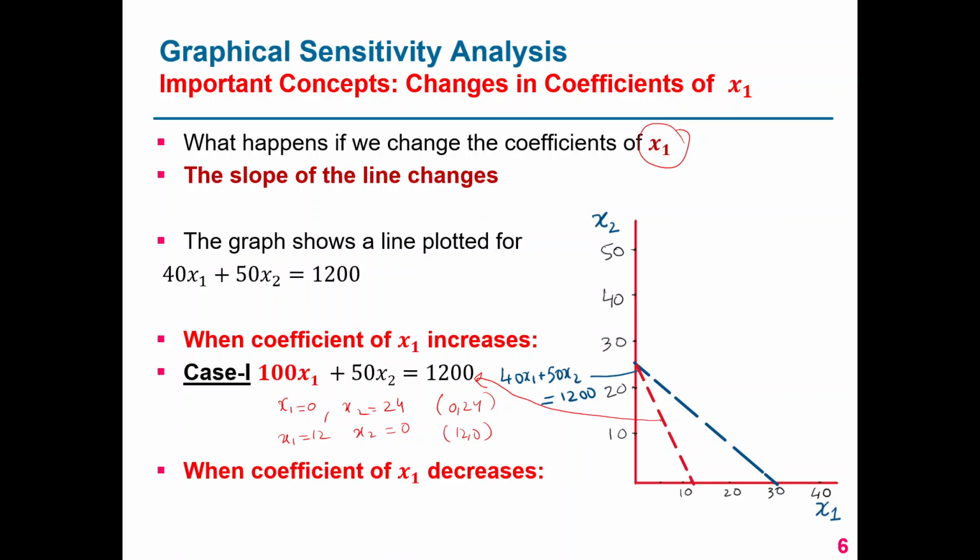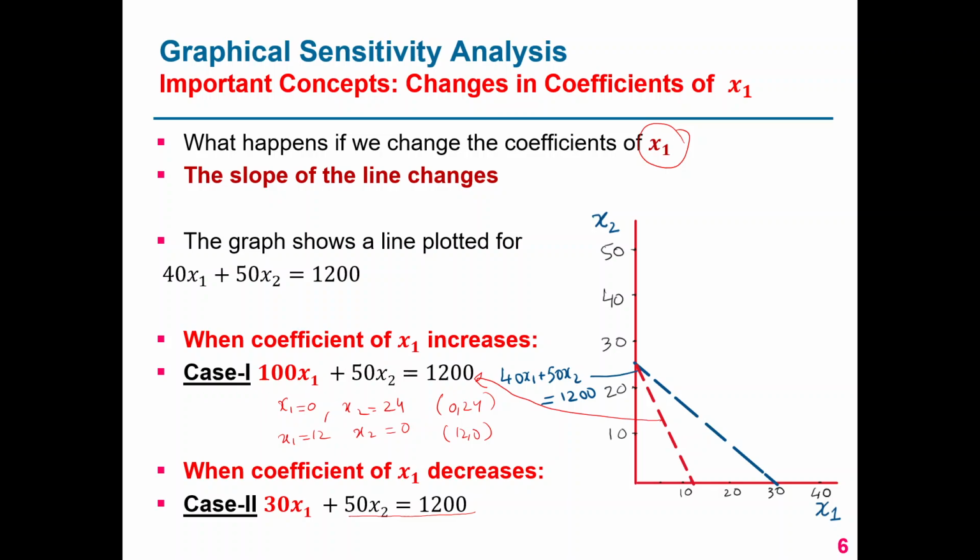Now let's see what happens when we decrease the coefficient of x1. I have placed another equation here, that is 30x1 plus 50x2. Only the coefficient of x1 has been reduced from 40 to 30, and the remaining variable and the constant have been kept constant.